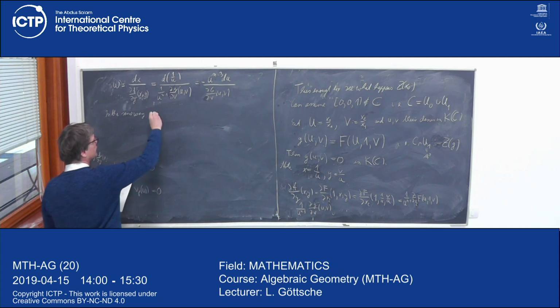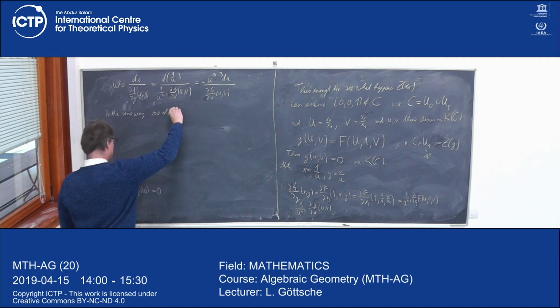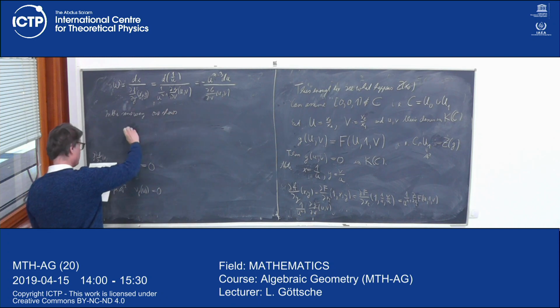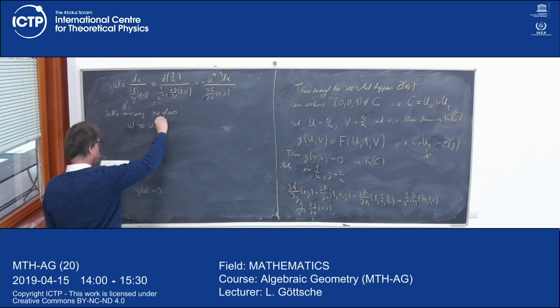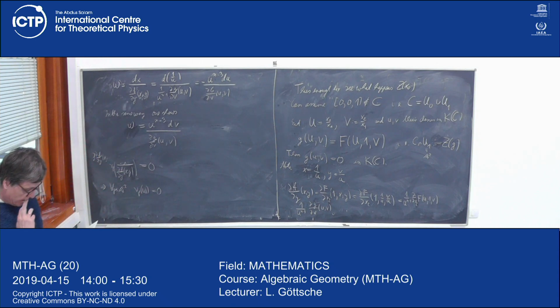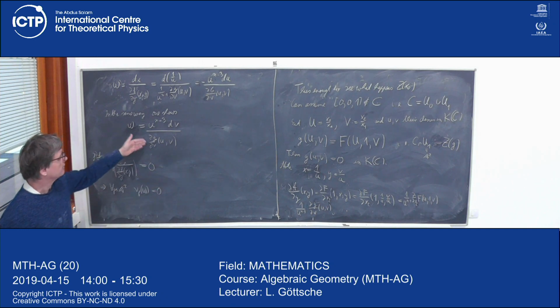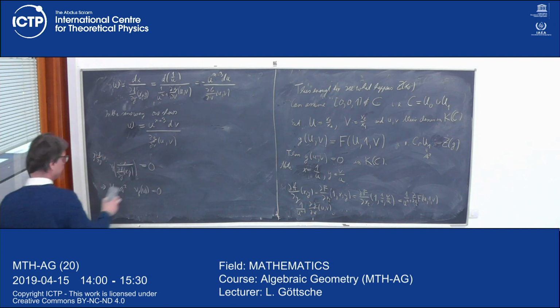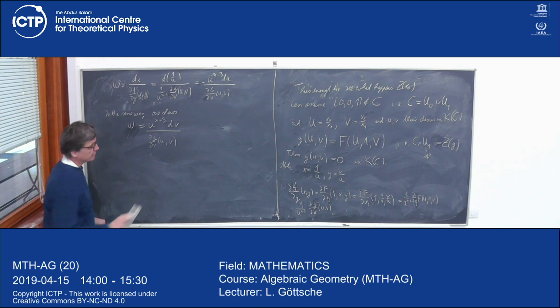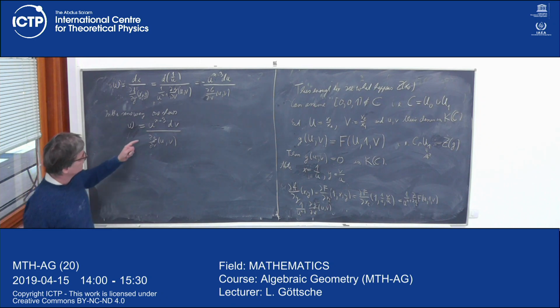So one shows that omega is also equal to u to the n minus 3 dv divided by dg by dv of u. Okay? So you do the same computation with the other expression, then you get this. So what we see here, and we have the same story as before.